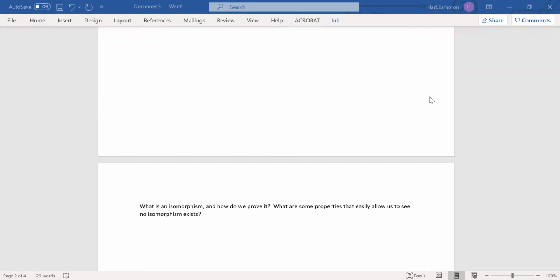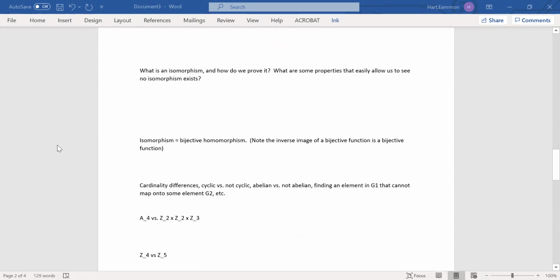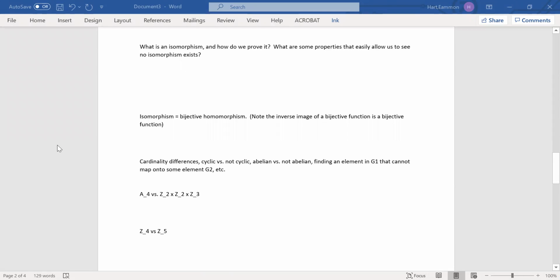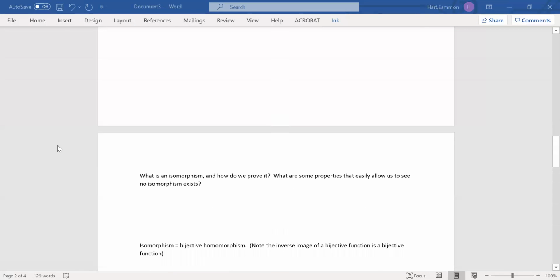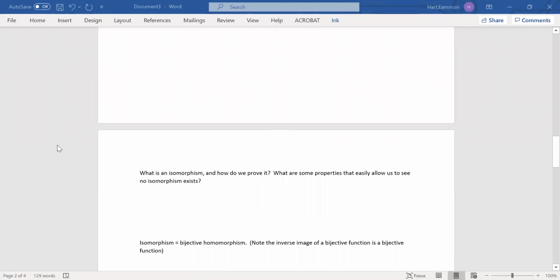Yes, exactly. It's a bijective homomorphism, which is what I put down here. A quick note that will prove useful while doing your exam: the inverse of a bijective function is also a bijective function. So use that as it comes up.